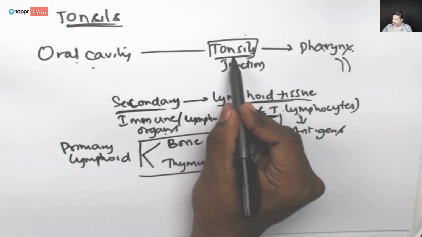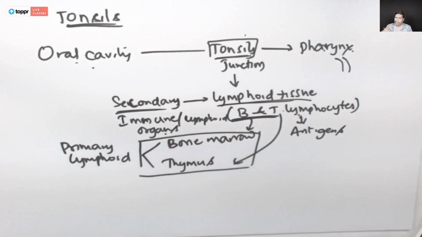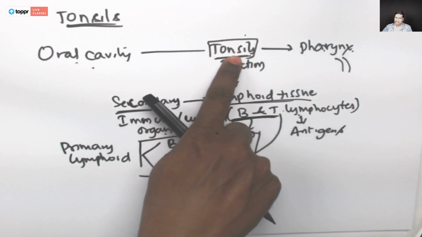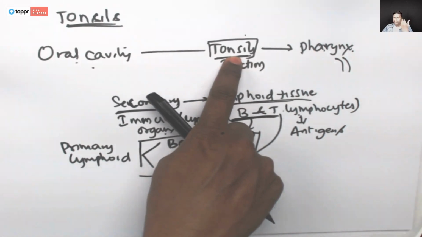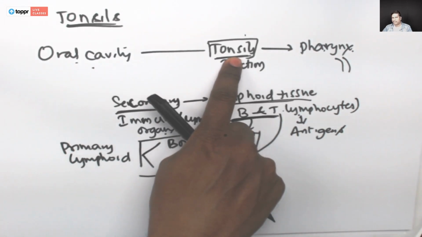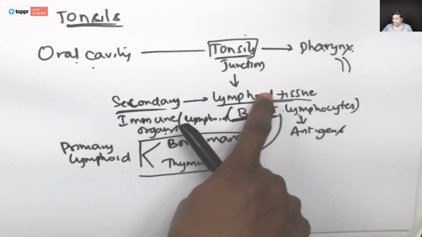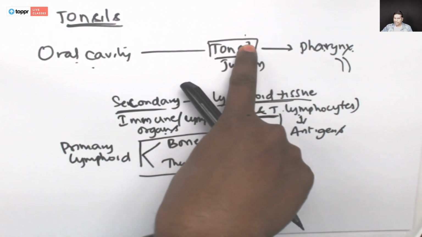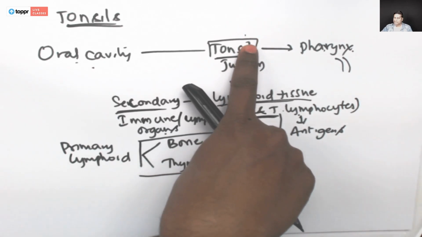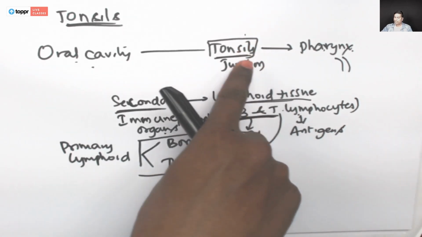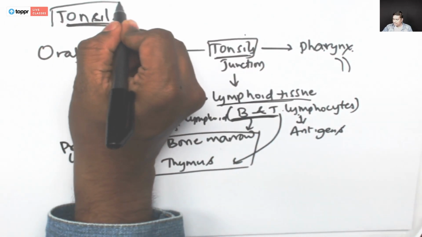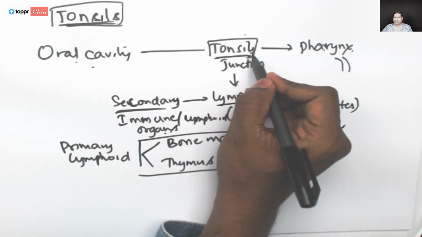So whatever we eat, some of the microorganisms are captured directly by the tonsils, and even the air that we breathe in, whatever harmful things are there are filtered or captured by the B and T lymphocytes in the lymphoid tissue which we call the tonsils. That is one other important aspect you have to understand about the location of the tonsils and why the tonsils are important.